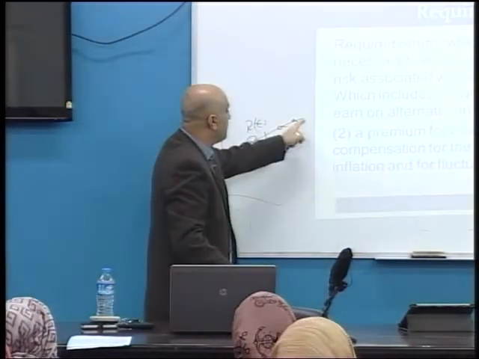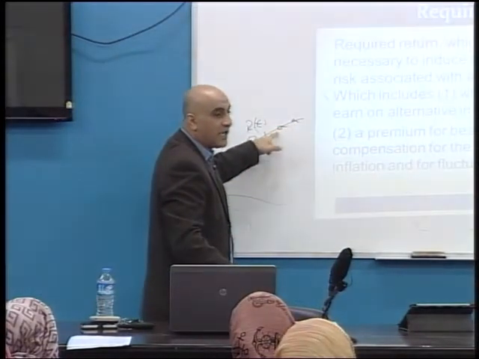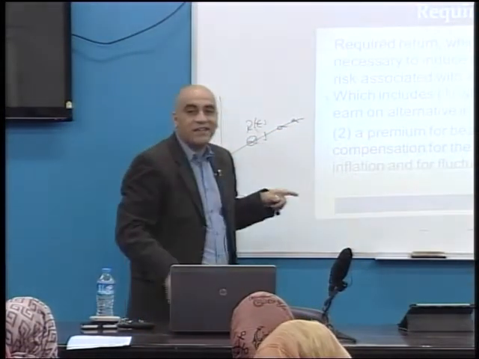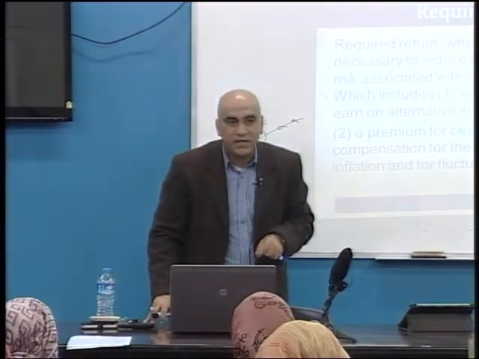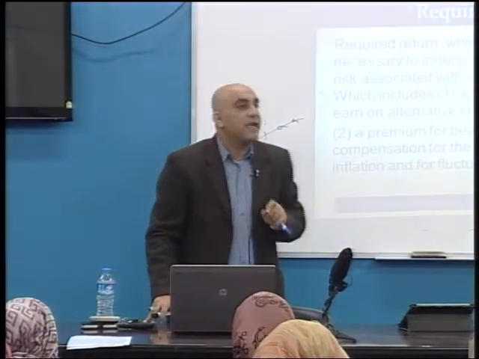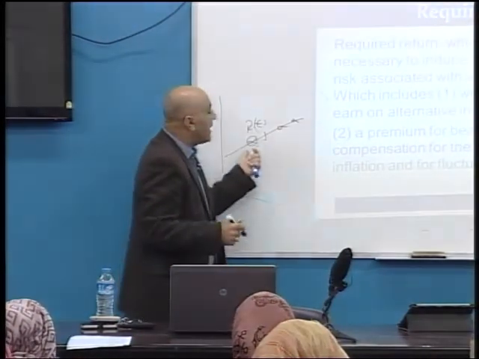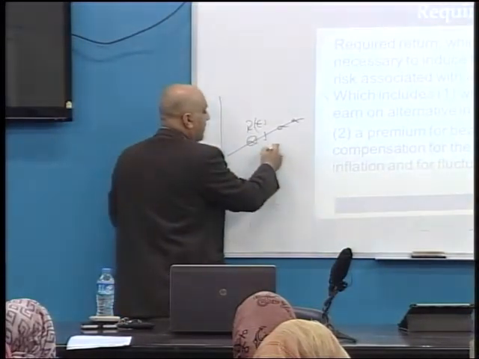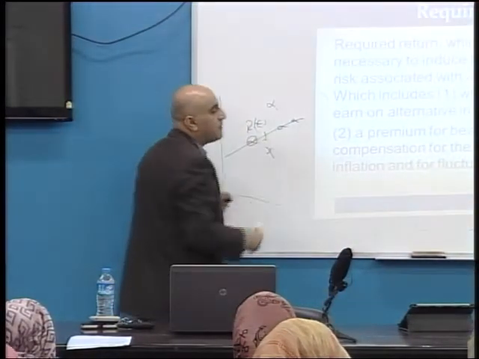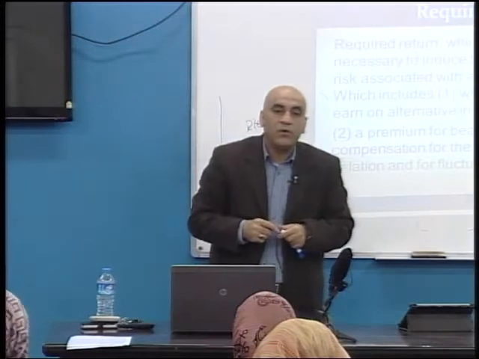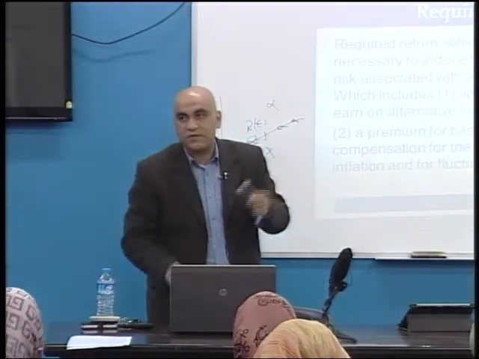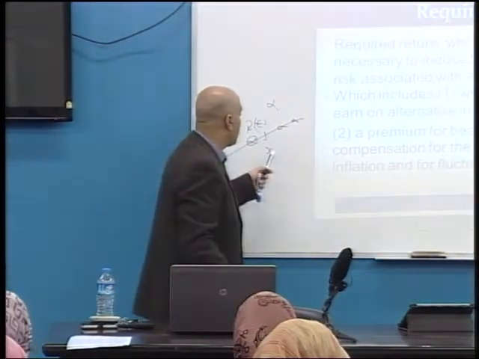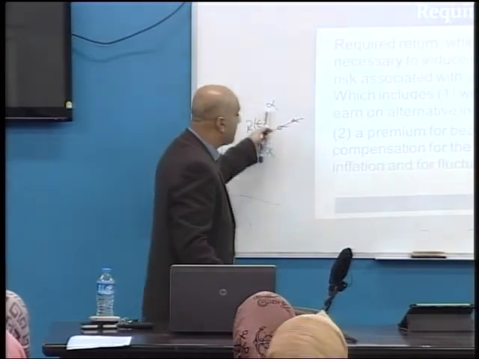All of the required rates of return must be located on the security market line if we are working in efficient markets. If we have inefficient markets, the required rate of return will be mistakenly below or above the security market line. But I'm not talking about mispricing.